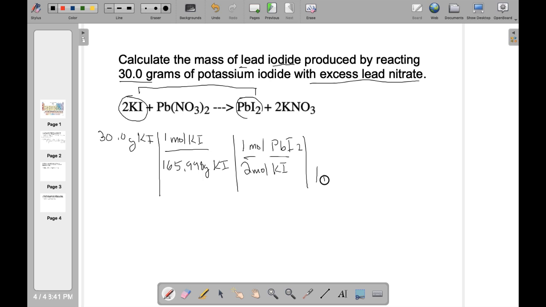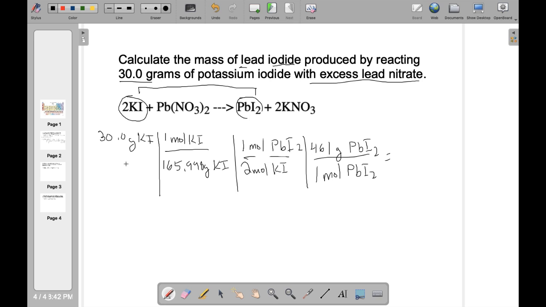1 mole of lead iodide equals 461 grams of lead iodide.